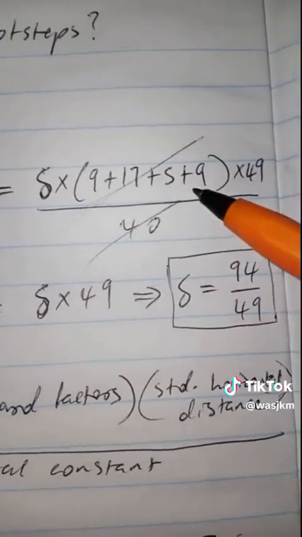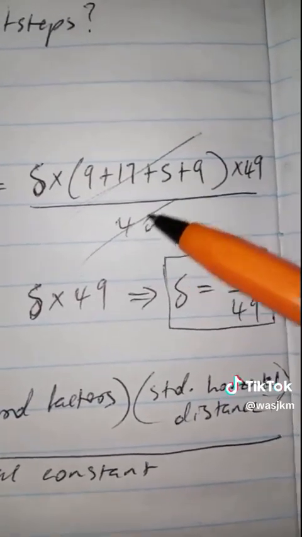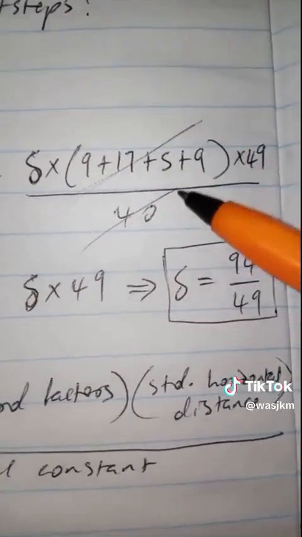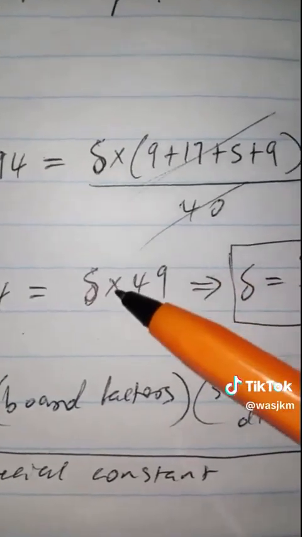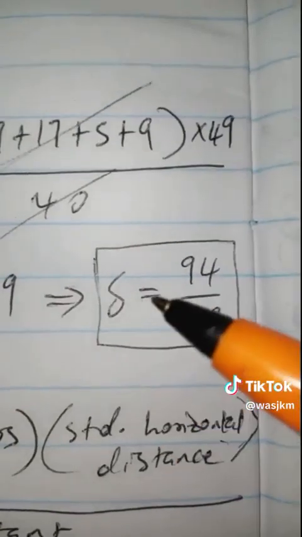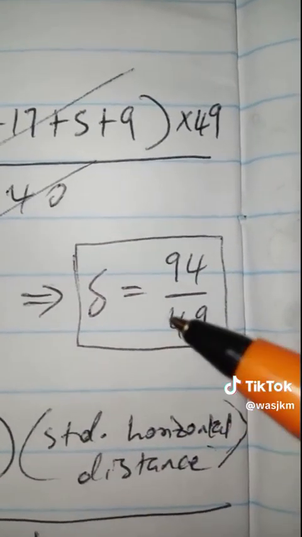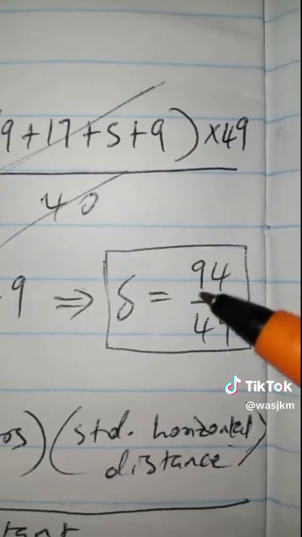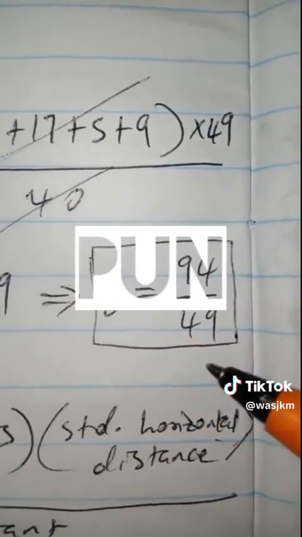Our board vectors naturally cancel our special constant, and so we are left with this final solution. Height vector is 94 divided by 49. Not a big height vector, still manageable.